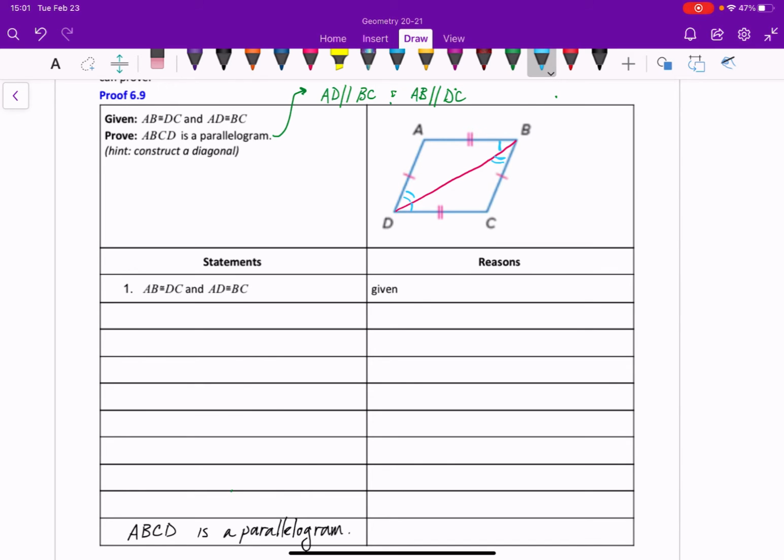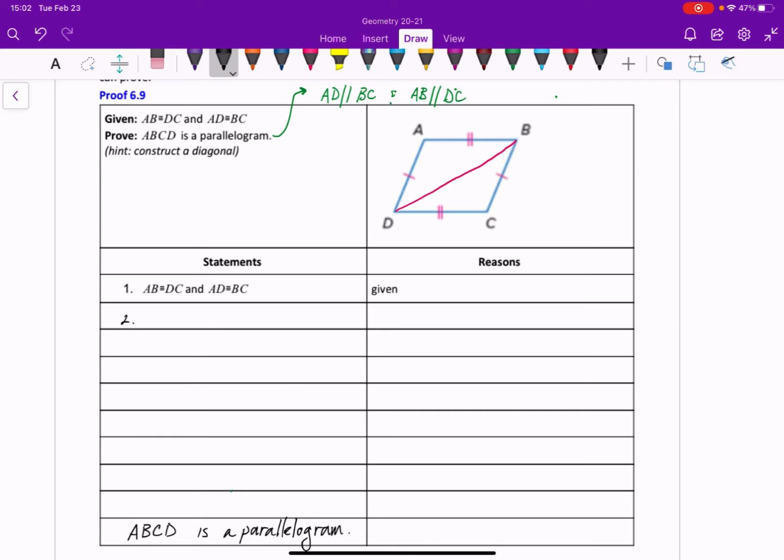Now we haven't shown that yet, so I'm not going to put those on there. But if we can show that those triangles are congruent to each other, we can show that. So let's first set about proving that the triangles are congruent.